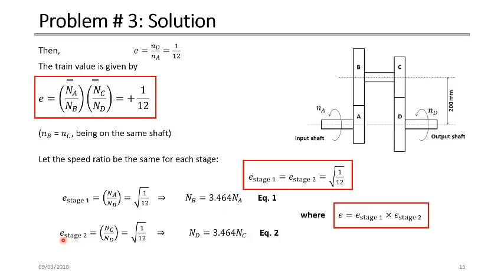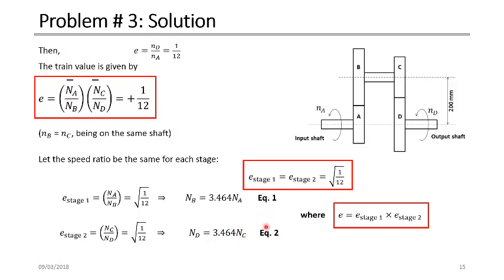And we consider that the E for stage 2, the train value for stage 2, which is NC divided by ND, is equal to the square root of 1 divided by 12. So in this case, if we simplify, we get that ND, the number of teeth on gear D, is equal to 3.464 multiplied by NC, the number of teeth on gear C.